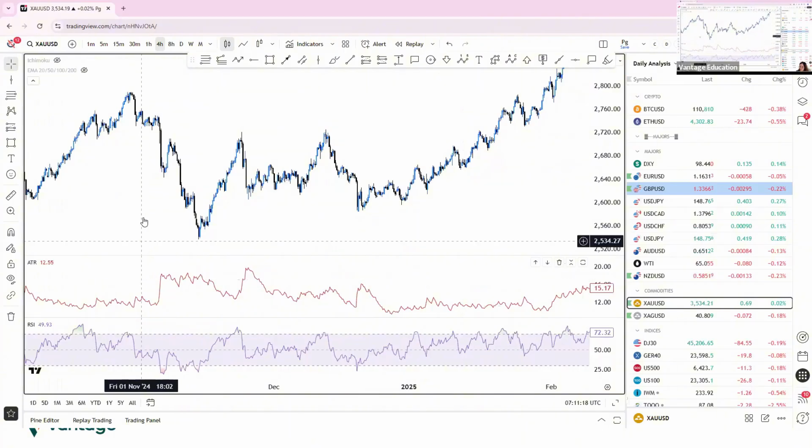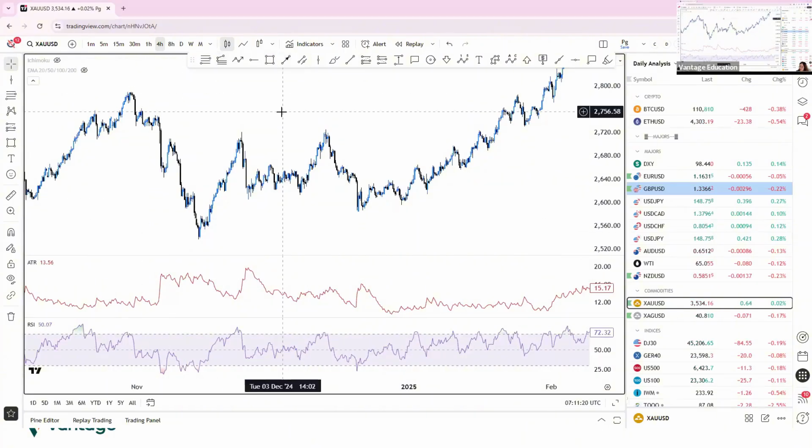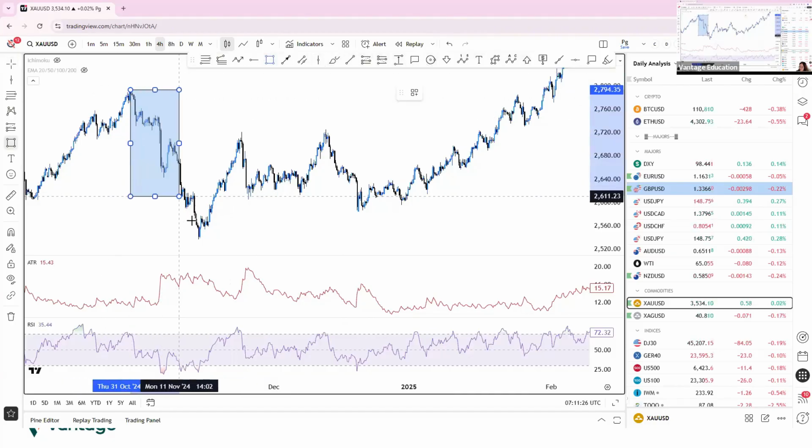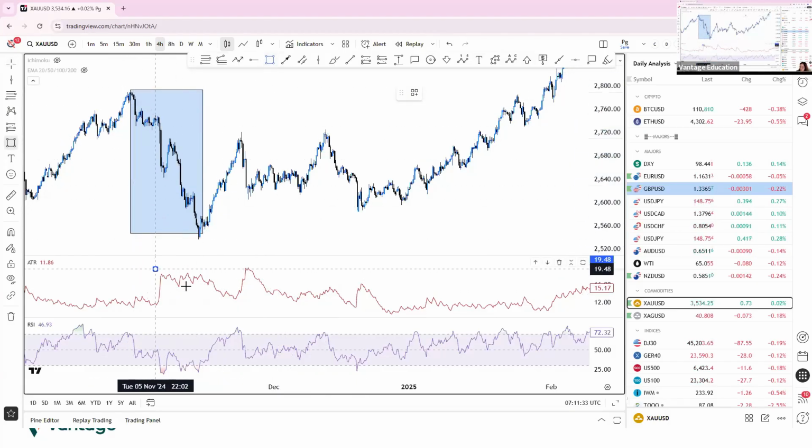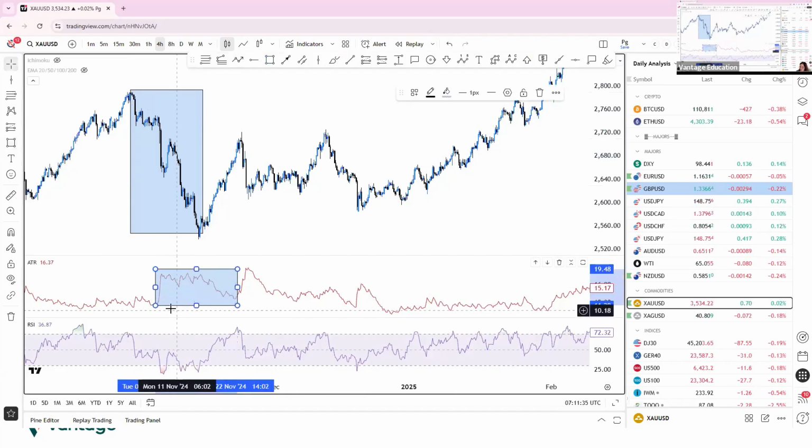If you look here, you would see that this zone is like the bearish move. If you were to look at the ATR, they would think it's bearish.